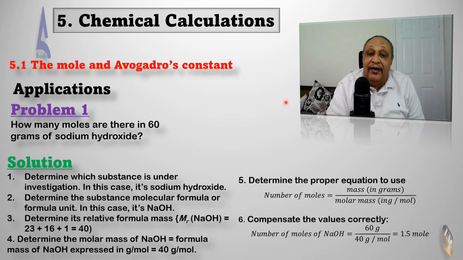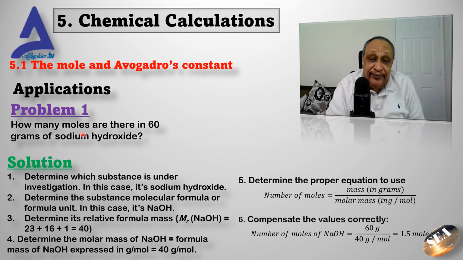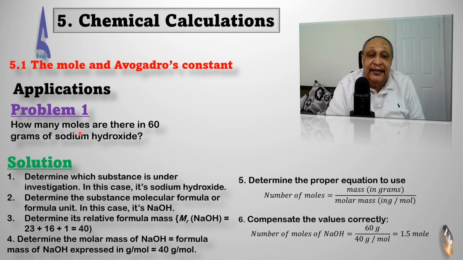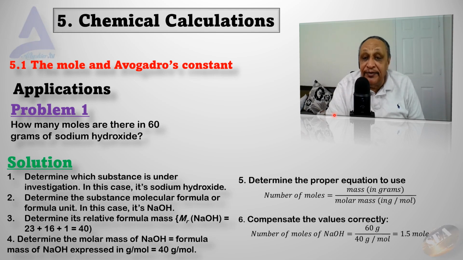Okay. Now, after that, I'm going to determine the proper equation for that. What is the demand of this problem? The demand is they ask how many moles. So I want the number of moles. So what I want is the number of moles equals the mass in grams over the molar mass in gram per mole. Compensate the values correctly.